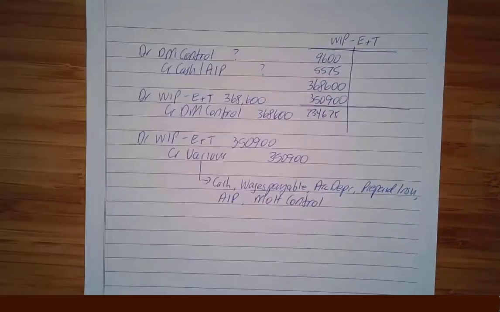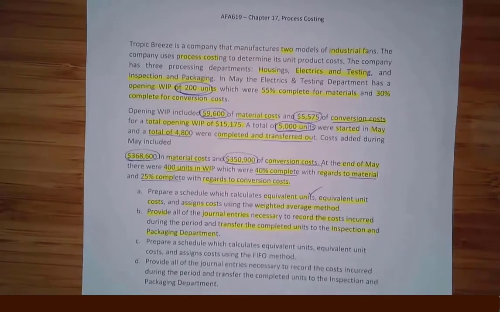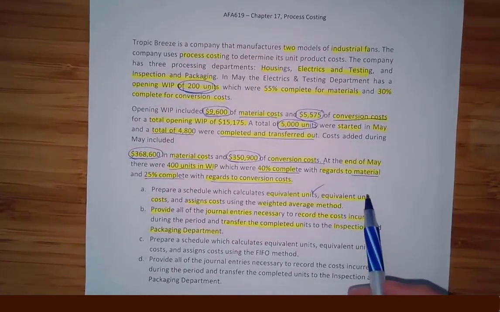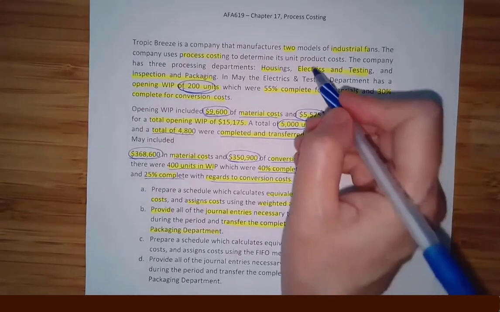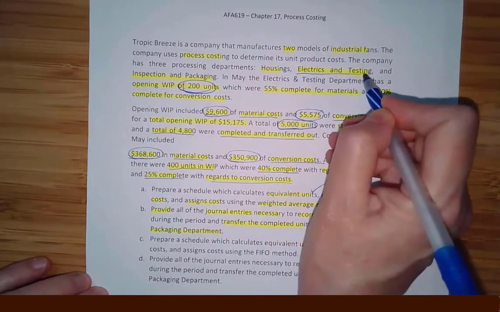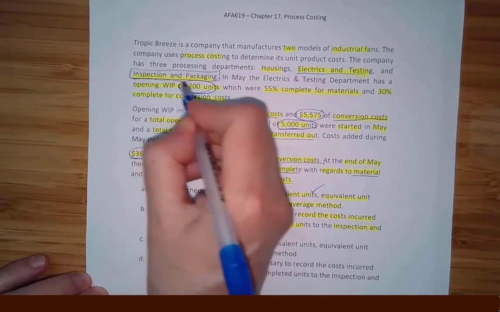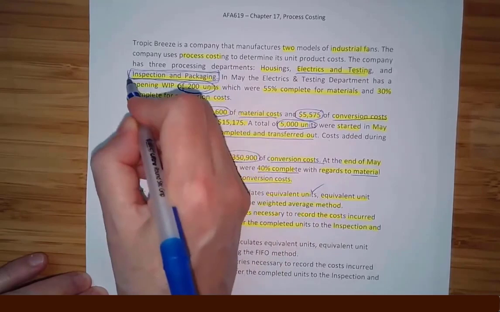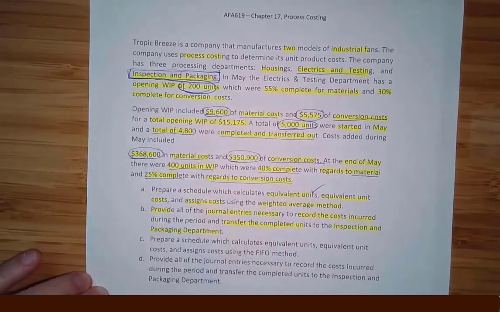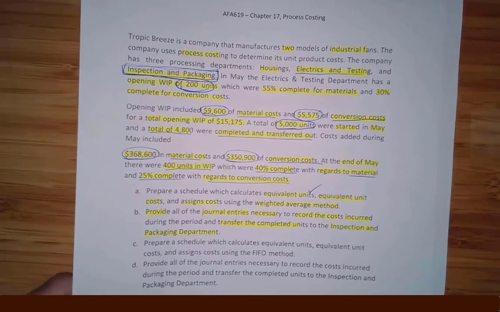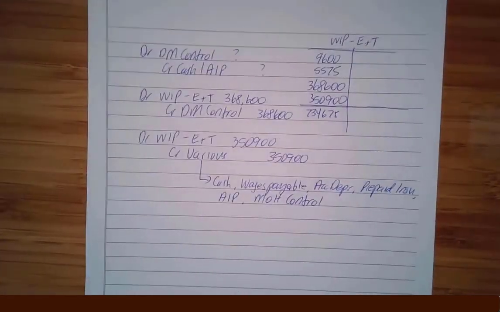Now, we know from the question, wait, I'm going to pull up the question, 2 seconds. Right here. That once they finish in this department, they're going to be moved to inspection and packaging. So actually, I'm not finished the production process yet. I still have to move on to the next step, the next department in the production process. So I can't move these goods into finished goods, not yet.